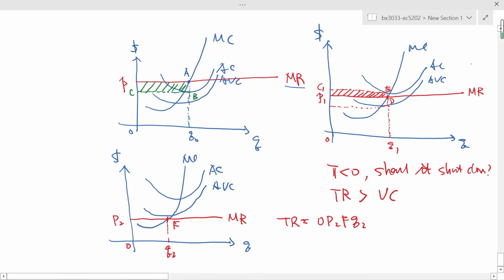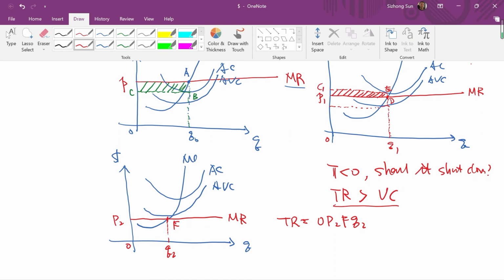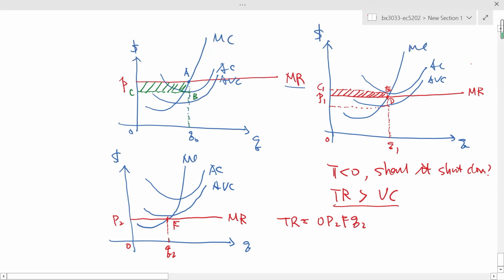Now still we want to find out, should this firm shut down or not? Again, we compare total revenue with variable cost. And to get variable cost, we look at the average variable cost first. So we go from quantity up to the average variable cost, read out the average variable cost.